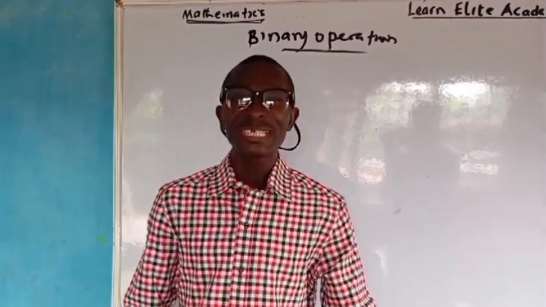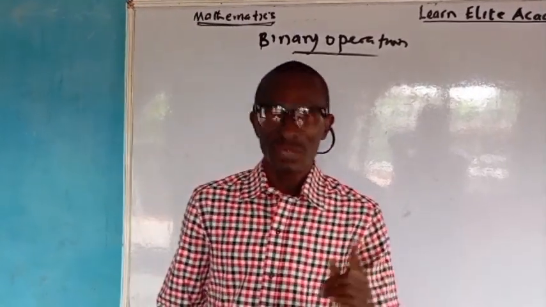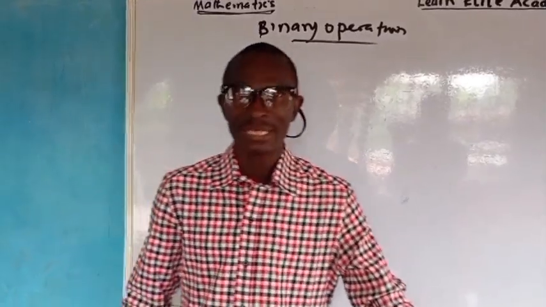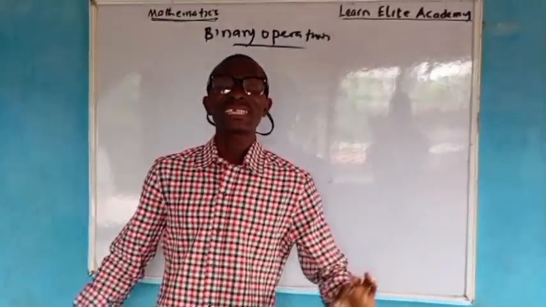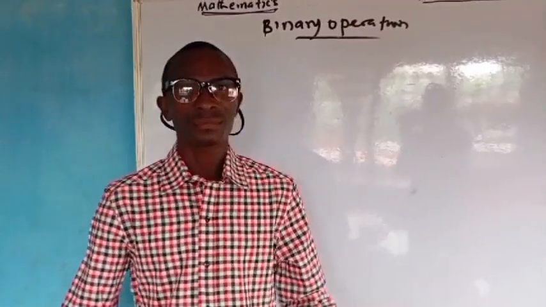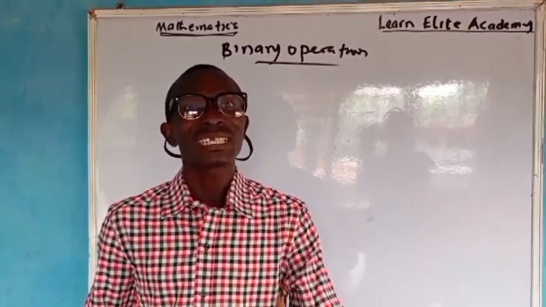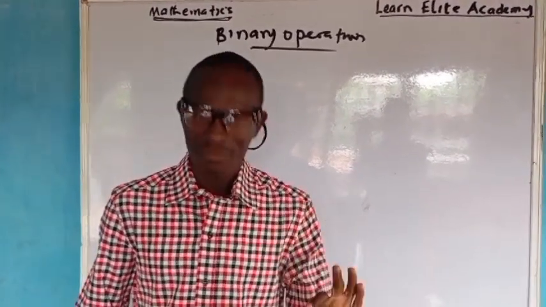Binary operation is simply a calculation that involves two elements of the same set to produce another element of the set. I say again, binary operation is simply a calculation that involves two elements of the same set to produce another element of the set.